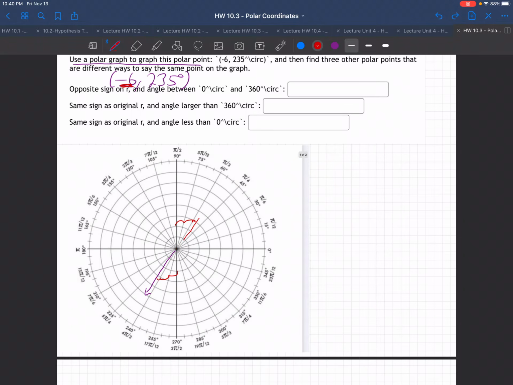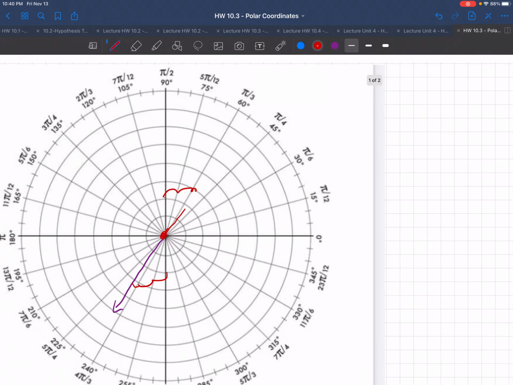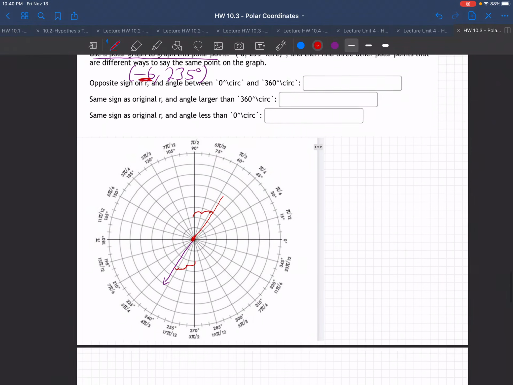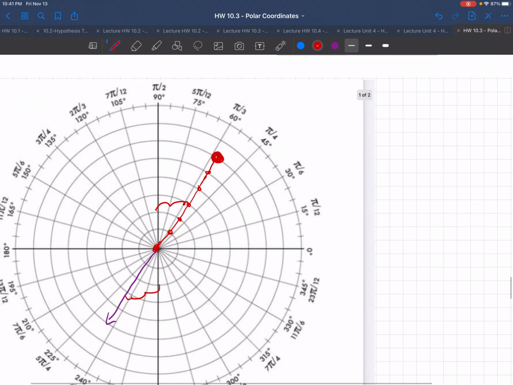Oops, I didn't do that too well, but let me make it a little bigger here for you. So it's going to be in this direction, isn't it? And how far? Well, backfire 6. So 1, 2, 3, 4, 5, 6. It's about right there. Do you see how I found that?